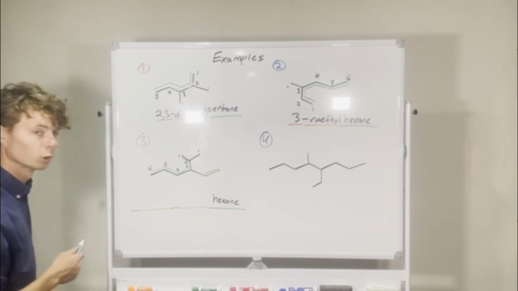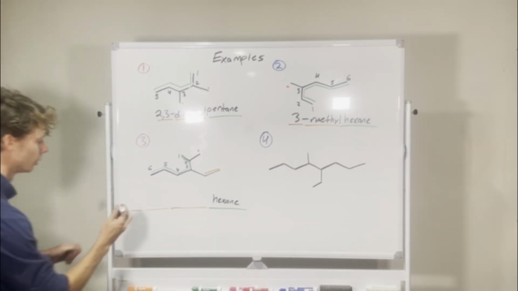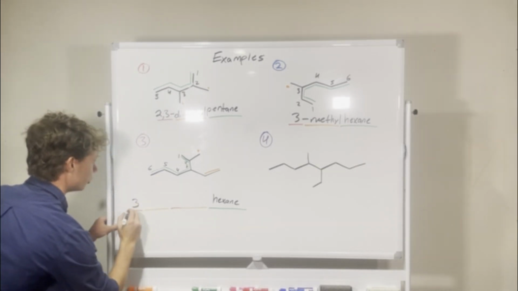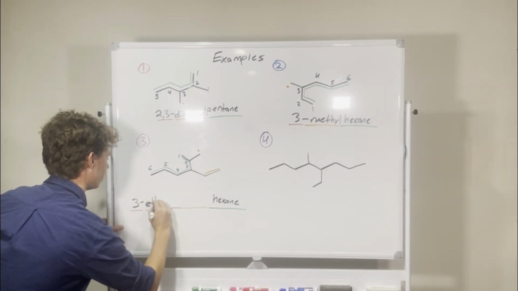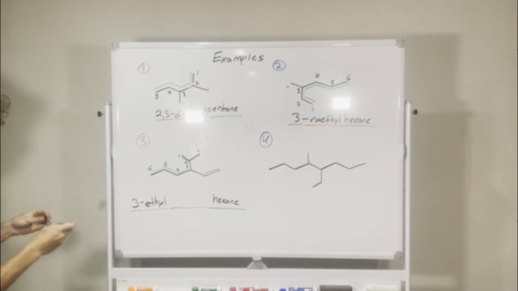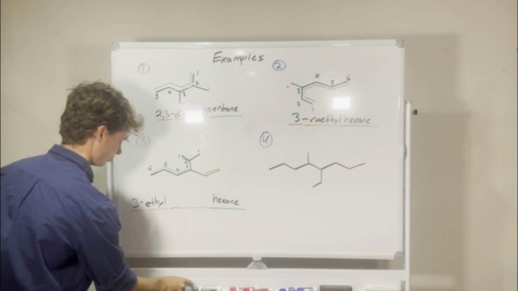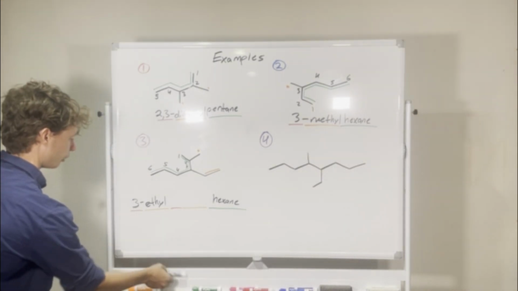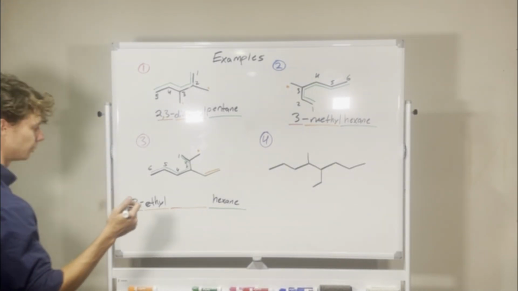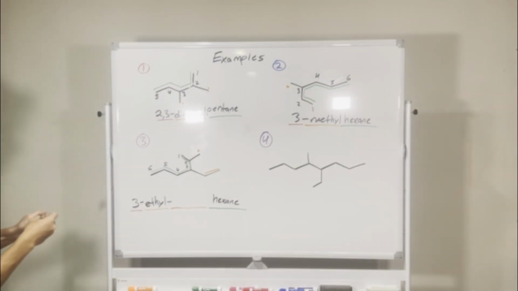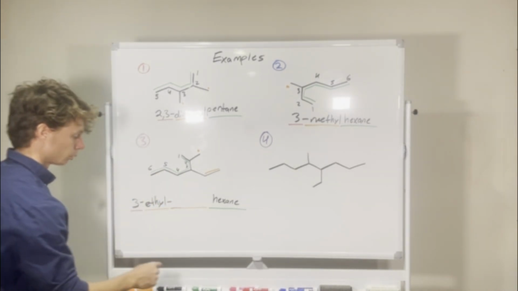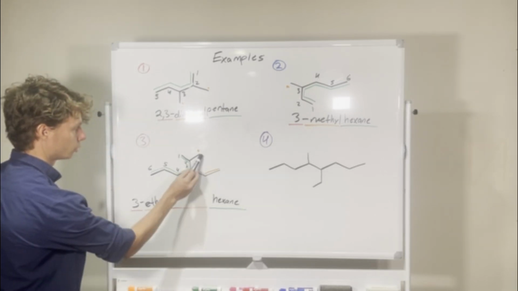I'm going to do my ethyl group first, alphabetical order. The ethyl group is in position 3. 3 ethyl. And I should continue to put dashes between each of these. My methyl group is in position 2, right here.